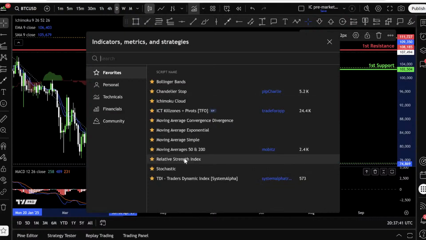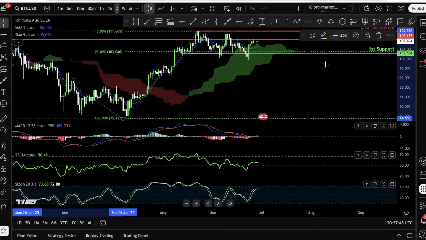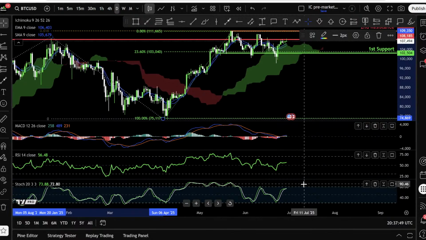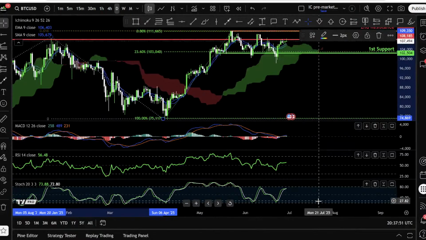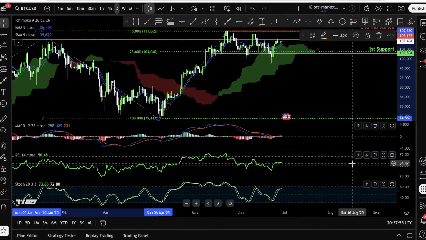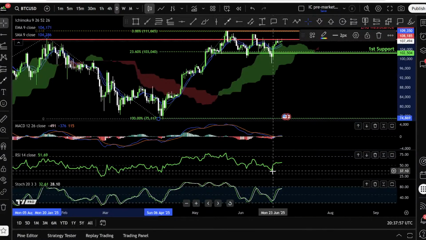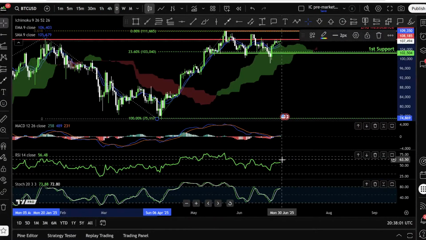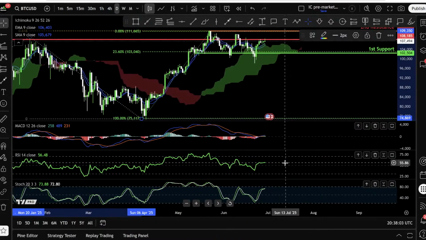Okay, let's look at RSI and stochastic and see if they line up. So RSI and stochastic are both giving us pretty bullish signals as well, just looking at the lines. Yep, and they don't appear to be approaching any oversold or overbought levels.